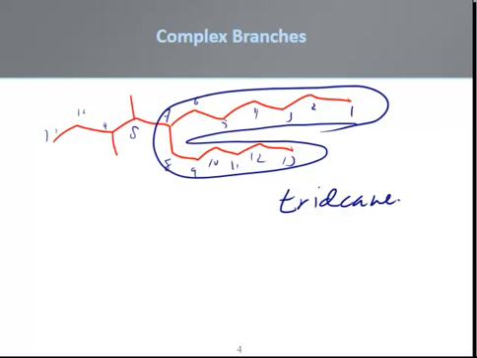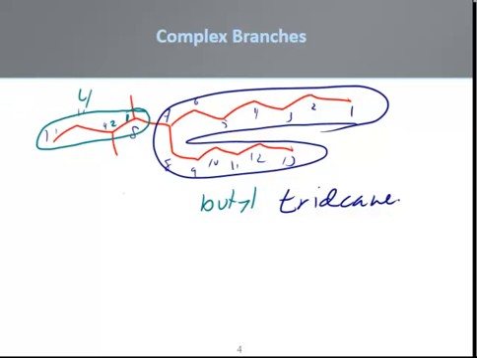And now we go and look for the longest continuous carbon chain in the branch. So starting here, come out this way, and I can see that there are 4 carbons here. So this is a butyl branch. And again, numbering from where the branch connects to the root, 1, 2.